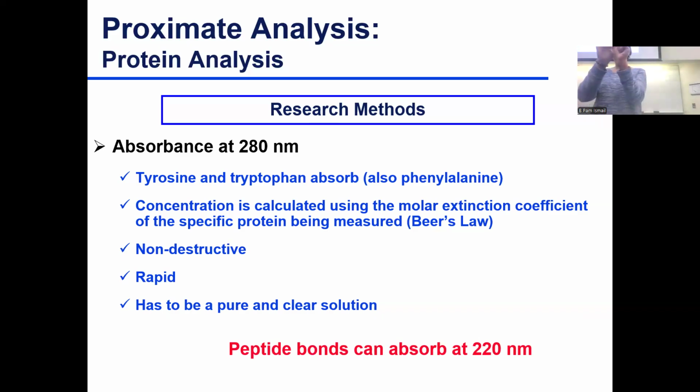Not every peptide might have tyrosine, tryptophan, or phenylalanine in it. Could be a segment of a full protein that does not have these. So for peptides or for a sample that has proteins and peptides, we can use measuring absorption at 220, which is the wavelength for peptide bonds.